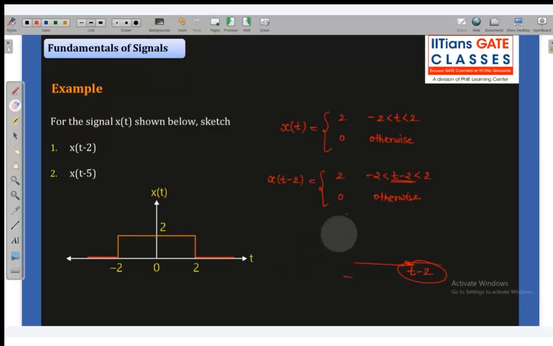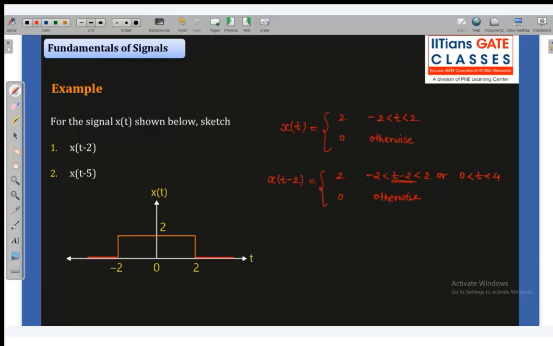So what do you need to do now? Now you will represent this as t. If you want to replace this minus 2, just add plus 2 in this inequality. So in this inequality, when you add plus 2, minus 2 plus 2 becomes 0, and this will become t, and 2 plus 2 becomes 4.